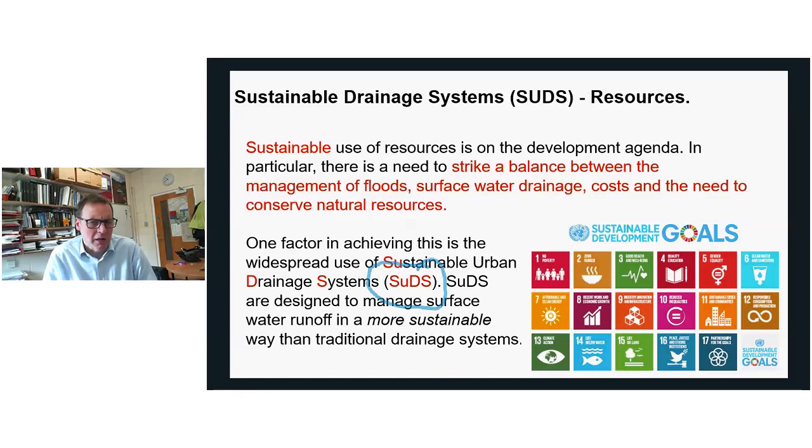So there is an argument that says that SUDS is largely just focused on the design of assets and deploying them, whereas water-sensitive urban design is much more thinking about the whole development and how water is managed.